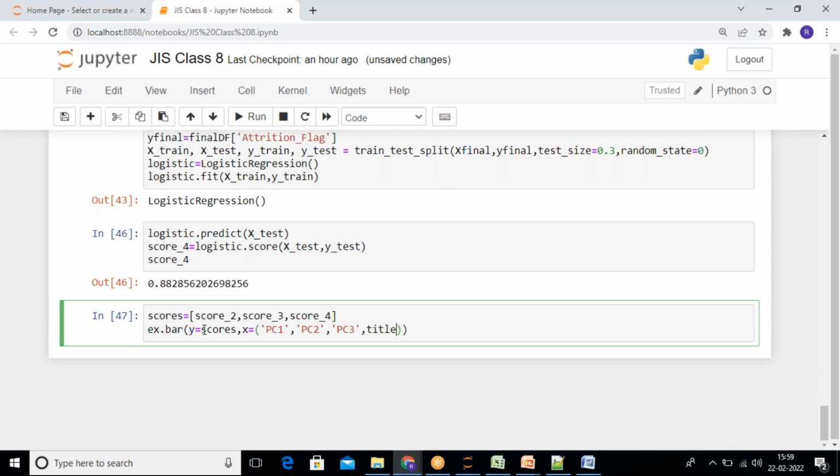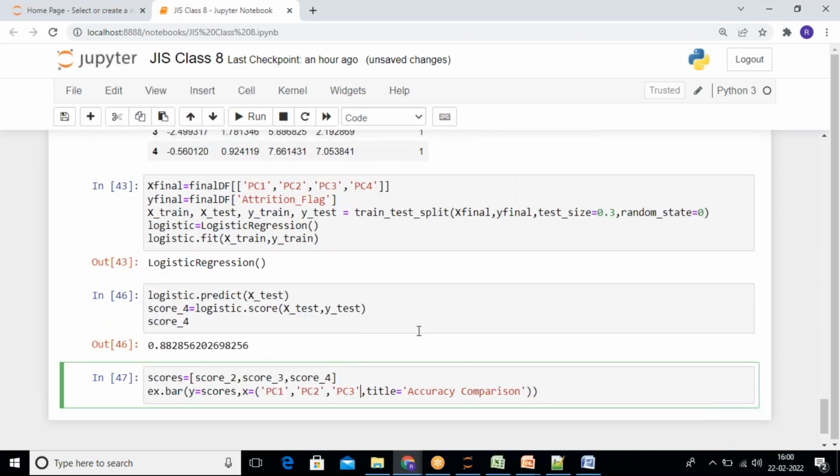And then we'll give the title, accuracy. It will be PC4 now. There are 4, so PC1, PC2, PC3, and here it will be PC4, right?